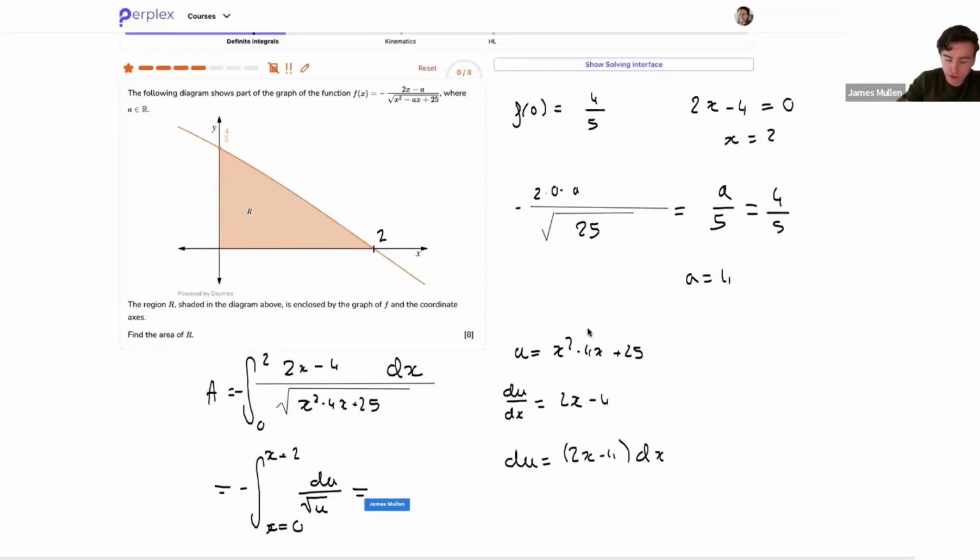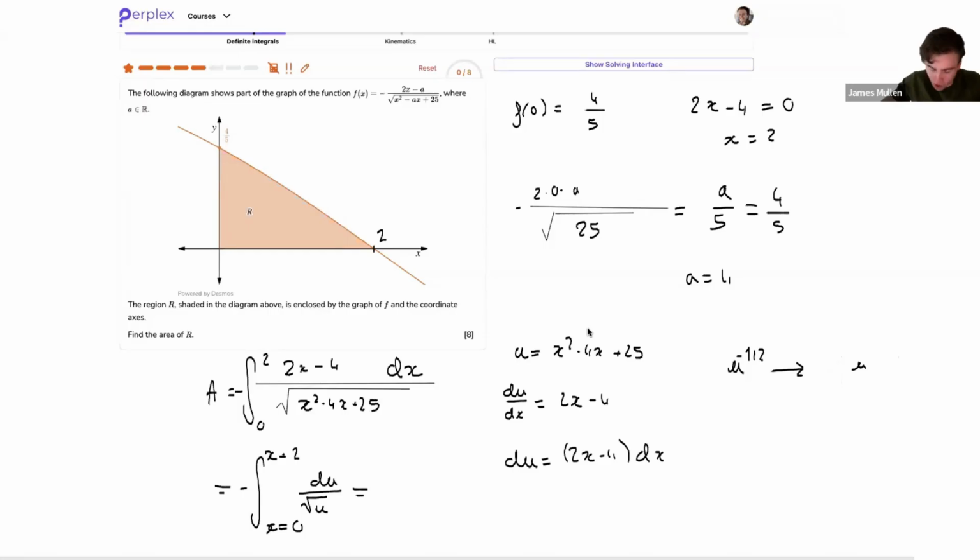Okay? Now the square root of u is u to the power of 1/2. So its integral is, sorry, it's a minus 1/2. What am I saying? This is minus 1/2 because it's 1 over the square root of u.